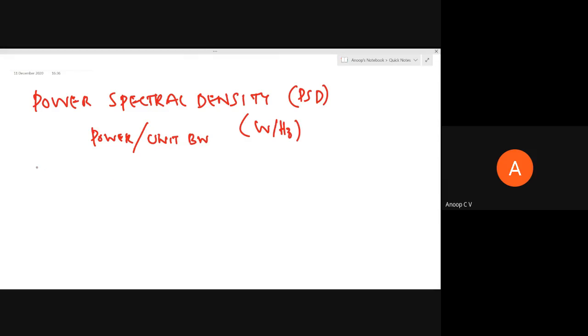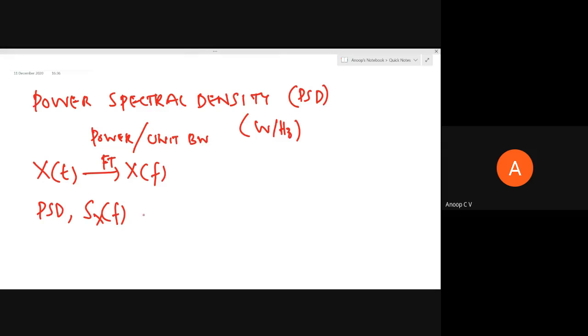It is defined as follows. If we have a random function x of t, its Fourier transform is capital X of f. Then the power spectral density of this random process will be denoted as Sx of f. In some textbooks they use Sxx of f, but we'll be using the notation Sx of f.